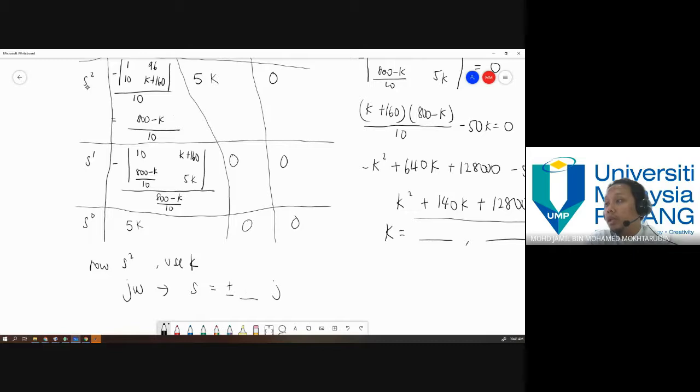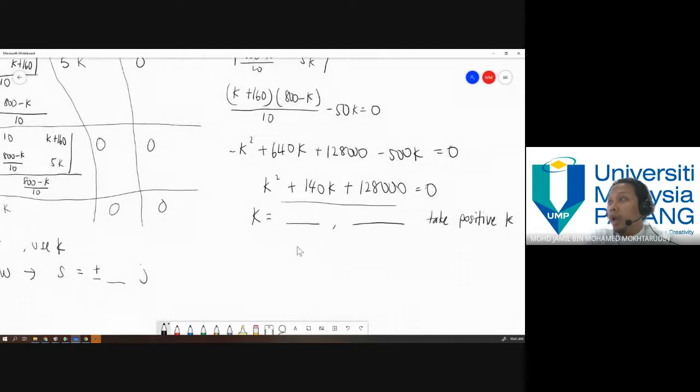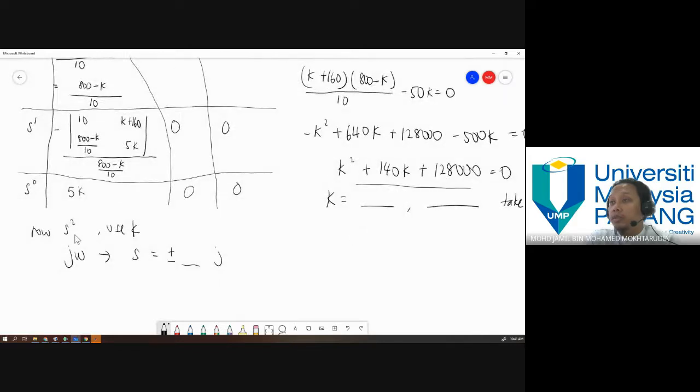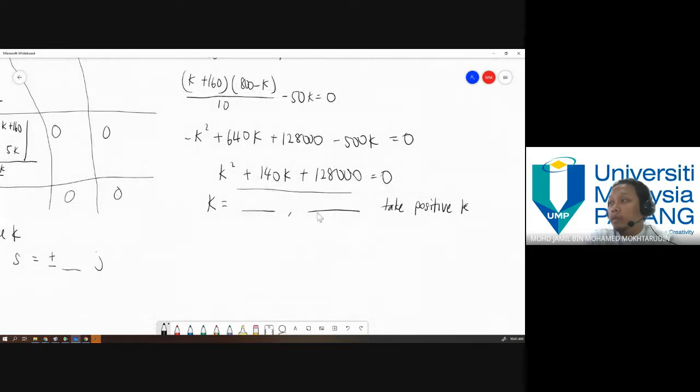Something plus minus j. Okay, so just a reminder, if you have quadratic values for K later, take the positive K and then use it on row S2. And don't take the negative, and if you calculate and get an imaginary number, it's wrong.